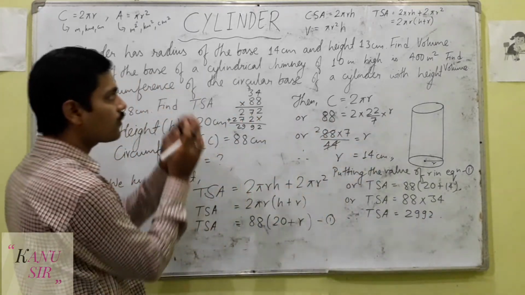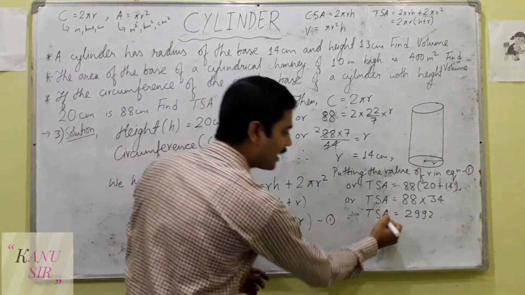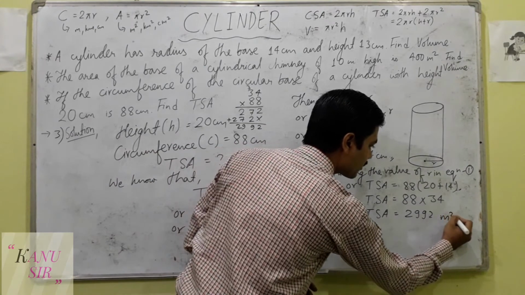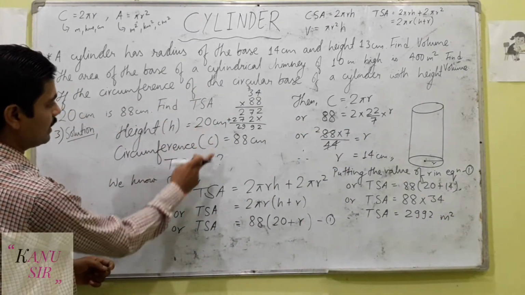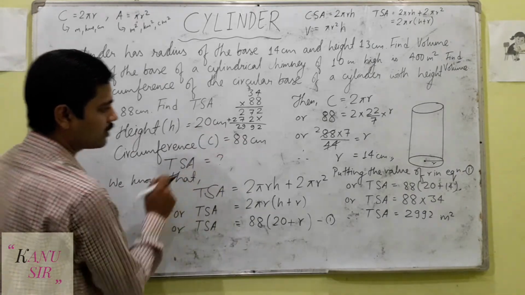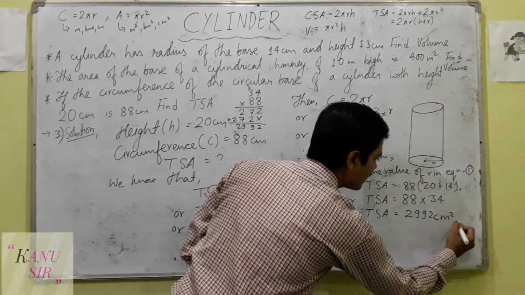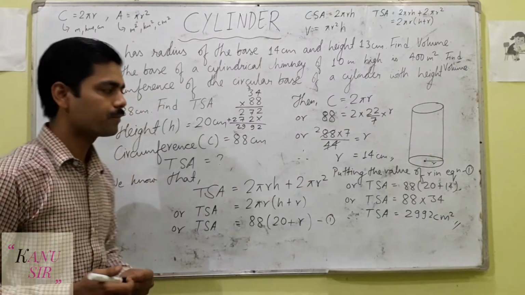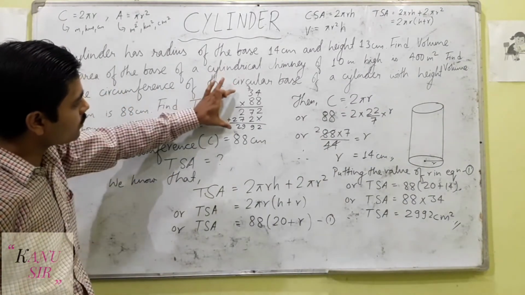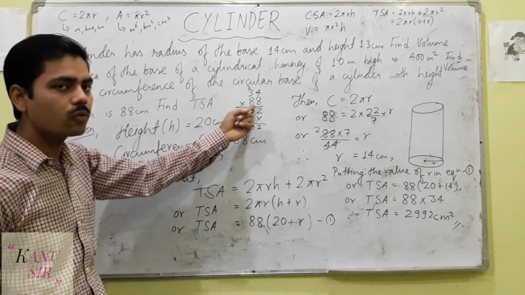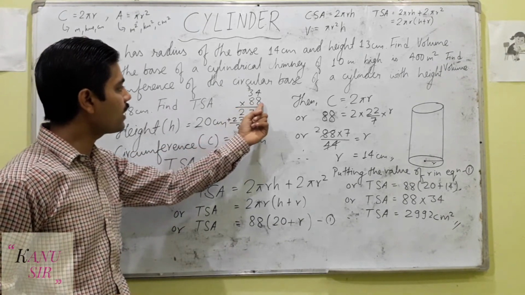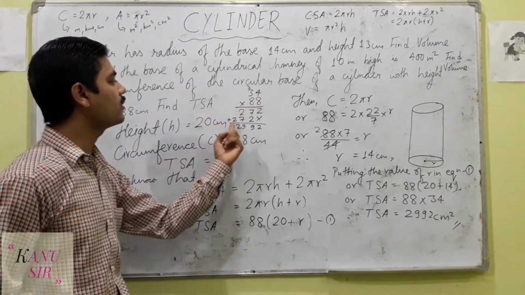And the unit of surface area, because the word is area, it means meter square. But let us see, are the terms in meter or centimeter? The terms are in centimeter, so we will write centimeter square. So you might have understood why I multiplied 88 downside, because once you multiply by 8, the next automatically you can write here.